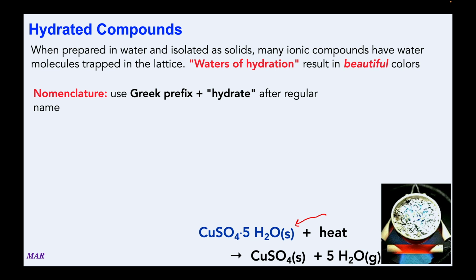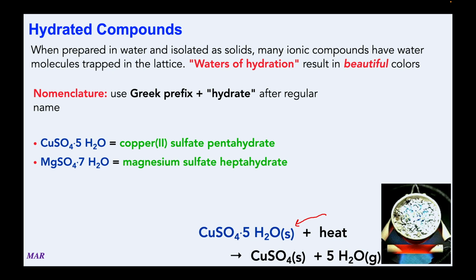So if you see one of these, you just use the regular name plus Greek prefix hydrate. So as an example, CuSO4.5H2O, you would call it copper 2 sulfate. Copper is a transition metal, so it needs a Roman numeral, the Roman numeral 2. Sulfate is always -2, copper 2 sulfate. But because it has 5 waters, you'd call it copper 2 sulfate pentahydrate.